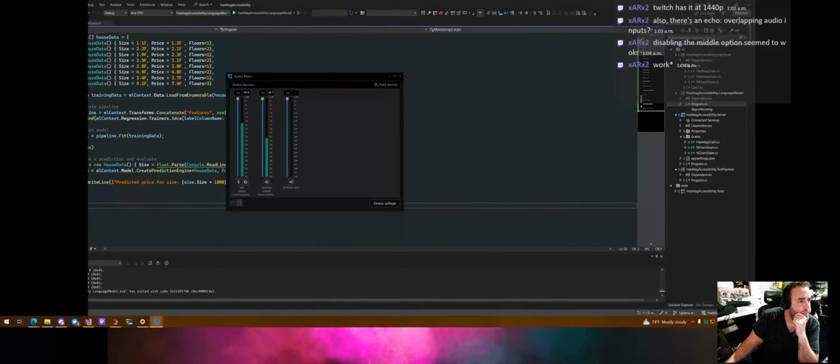Disabling the middle option seems to work. You mean this right here? But I still hear it in my ears. So stream only. Hello. I hit something like earlier, like last time. Test.